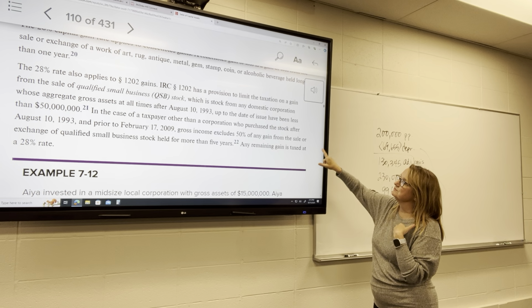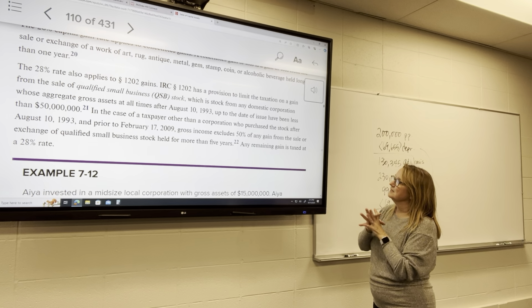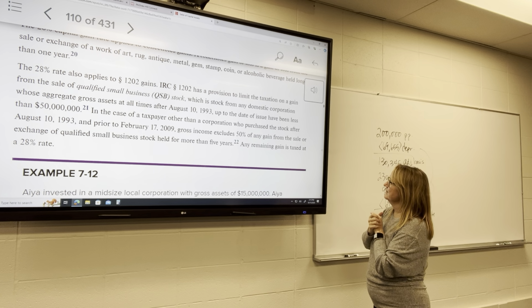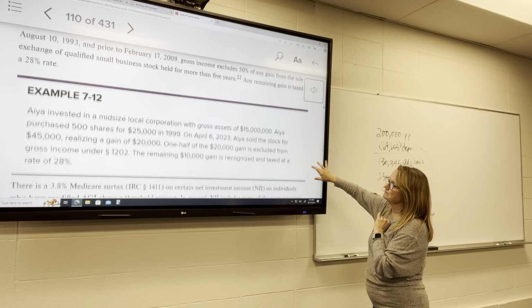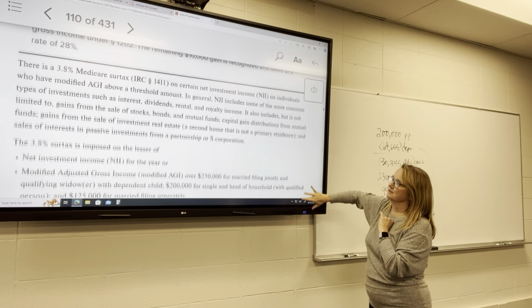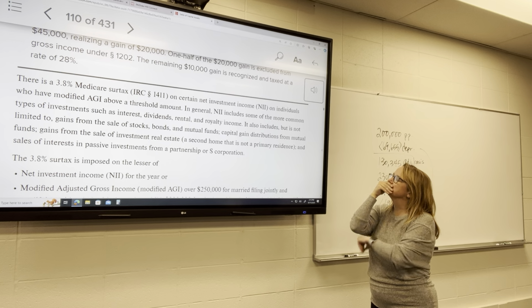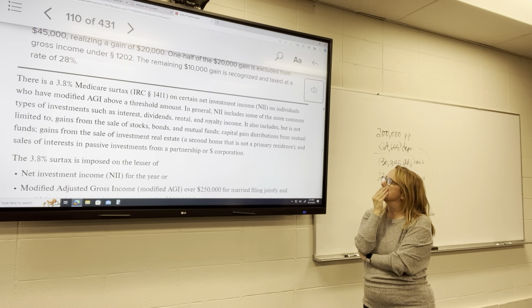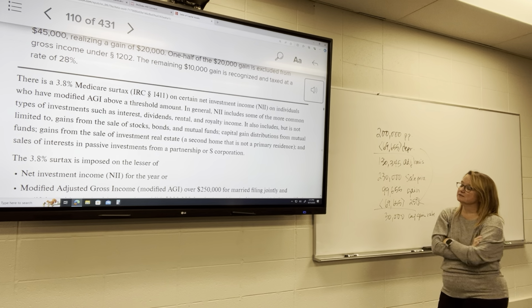So if a taxpayer other than a corporation purchases stock, gross income exclusive of the gain, yada yada. They've got a special tax rate for that. I'm not going to go through that. I'm not quite sure why they put this in here. I mean, it's relevant, but I'm not sure it's relevant to this information, but okay.